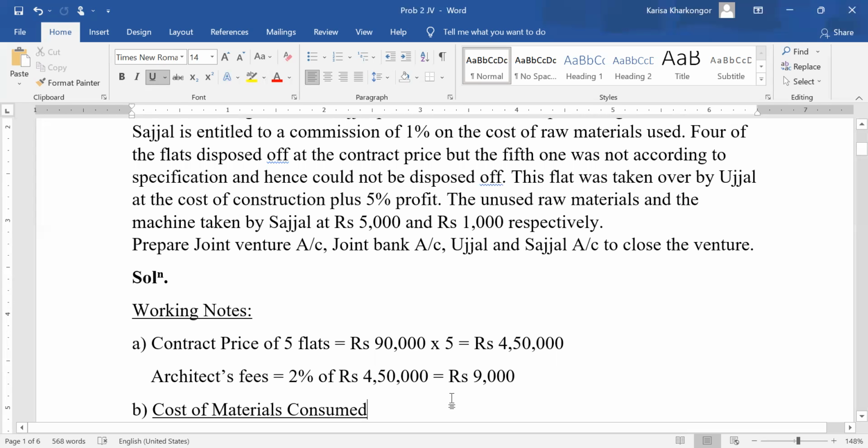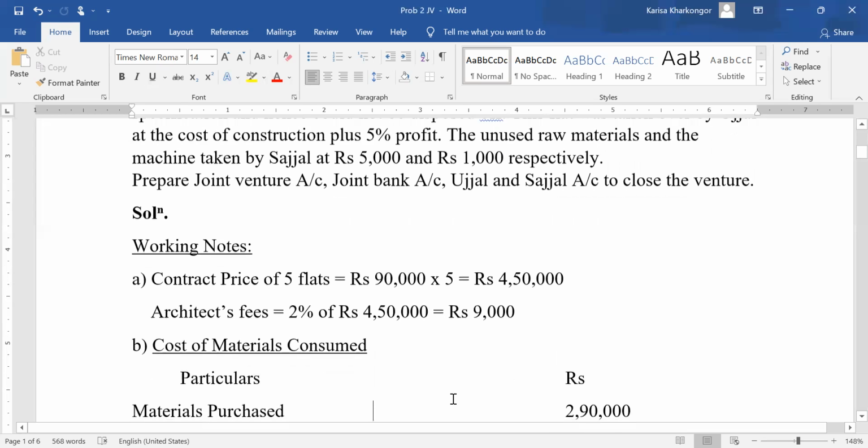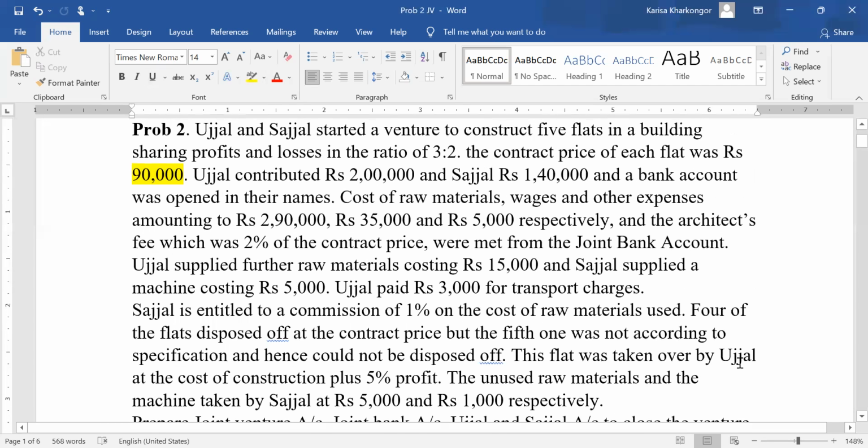Next, we have to find out the cost of materials consumed. So for the cost of materials consumed, we first enter the materials purchased. Materials purchased out of the joint bank amounted to rupees 2,90,000.